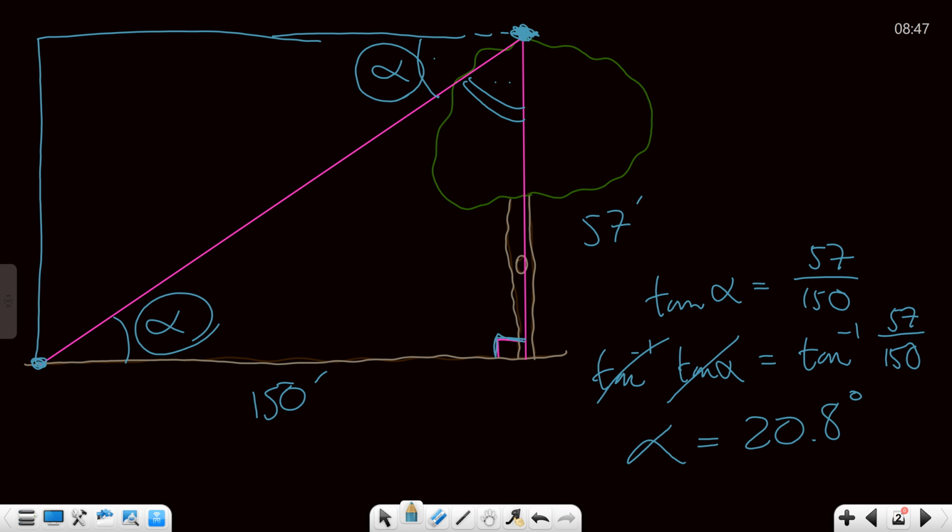All righty. Now, eventually where we're going with this is we'll have a couple more complicated problems. We'll figure out how to measure the heights of things we can't measure. Like, let's say, for instance, I can't measure the height of the tree.